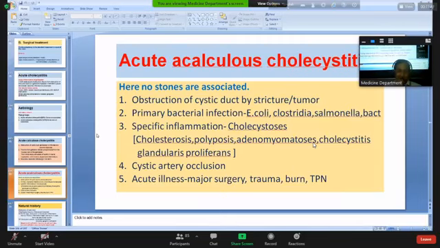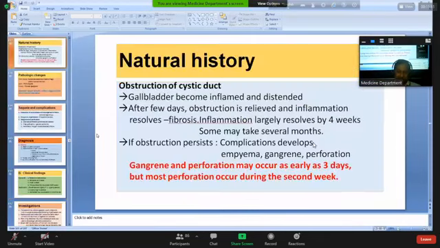So how is the process going on in acute inflammation? Already we have mentioned it usually starts with the obstruction of the cystic duct. So when the cystic duct is obstructed, the content of the gallbladder cannot flow into the bile duct and into the intestine.